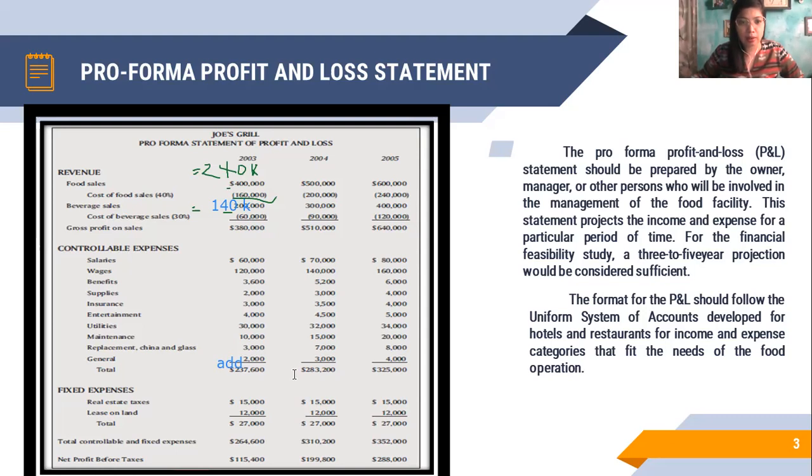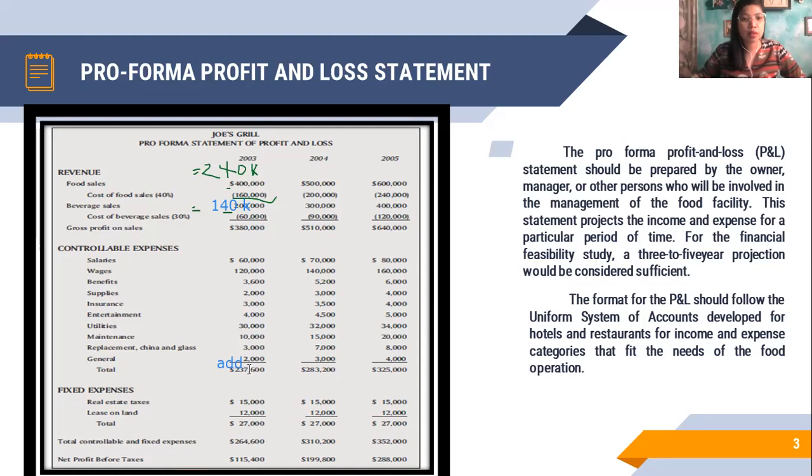For the controllable expenses, as you see, as years differ, the total amount of controllable expenses increases because of factors that might affect the sales.